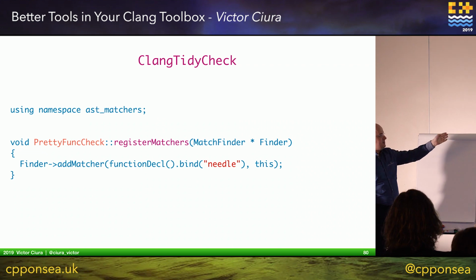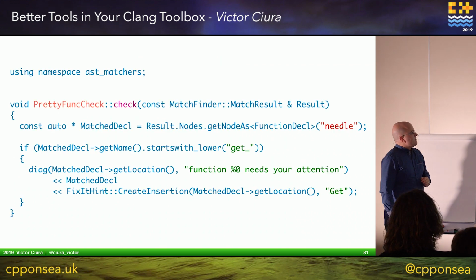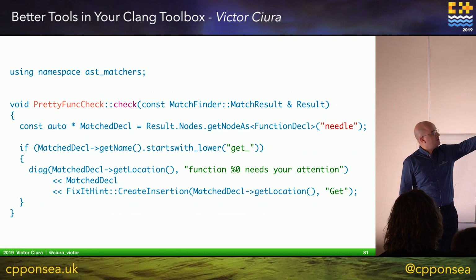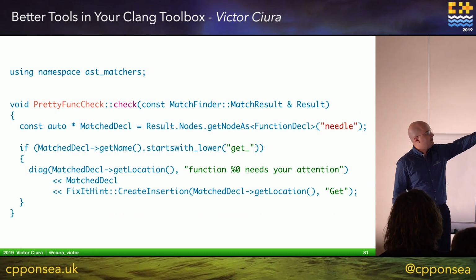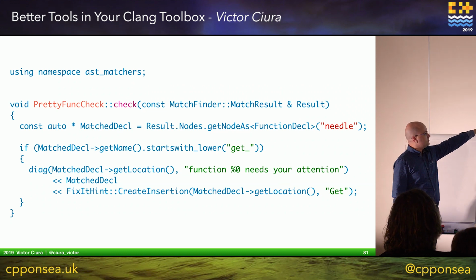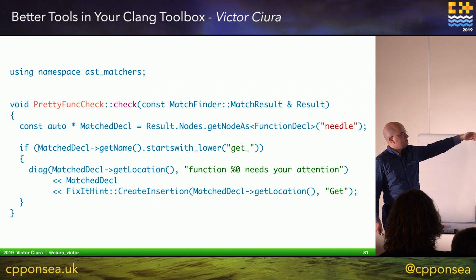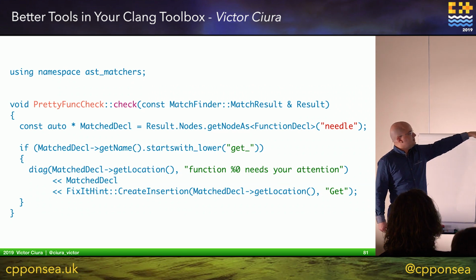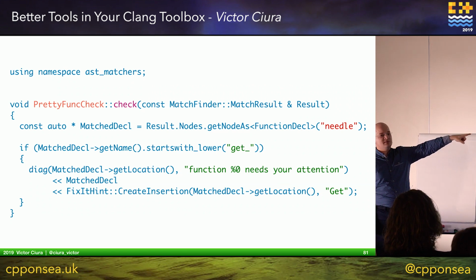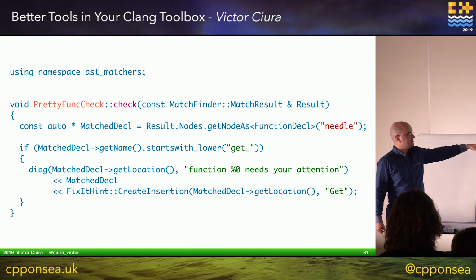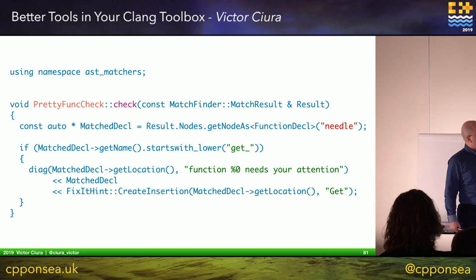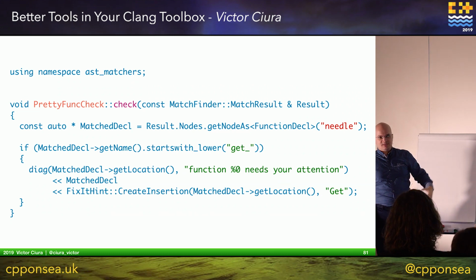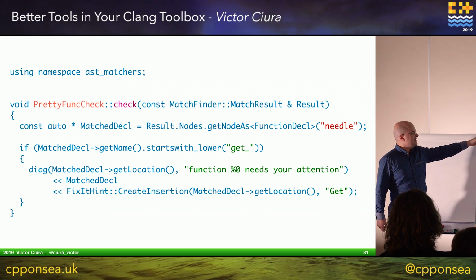So basically I'm binding this predicate to an ID. So later on in the check function, I make sure I get the right matching declaration that I was interested in. And a very basic check here, I make sure that the function declaration starts with get underscore, and I'm trying to replace it with get with uppercase and no underscore, because that's how I like them.